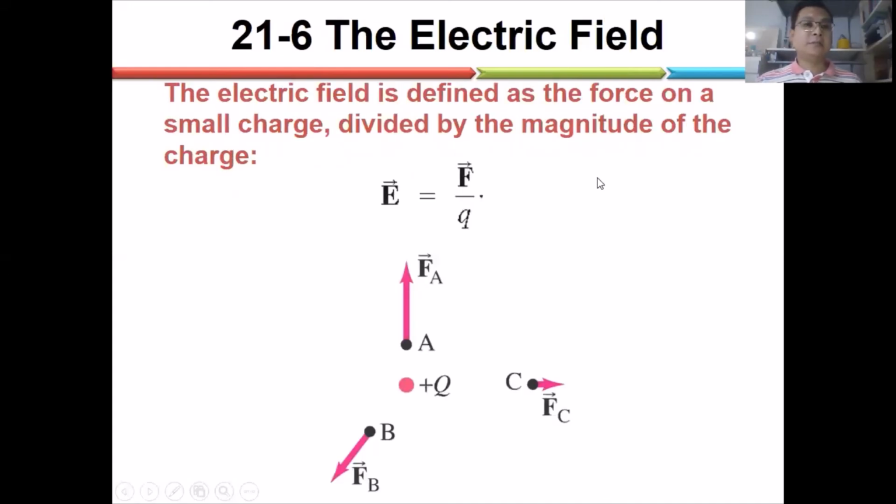Now we first introduce the electric field before going deeper. The electric field is defined as the force on a small charge divided by the magnitude of that charge. So E in vector form equals force in vector form divided by the small charge.